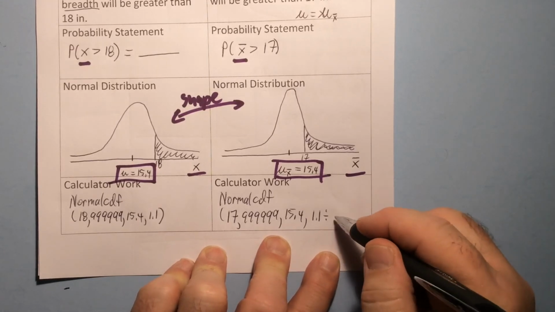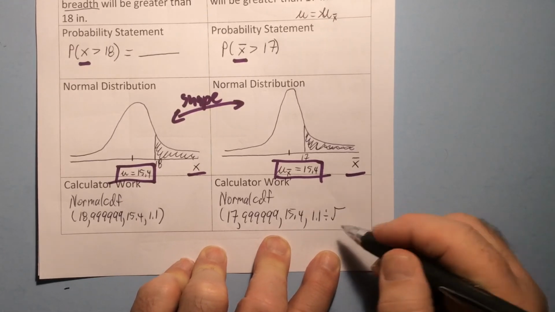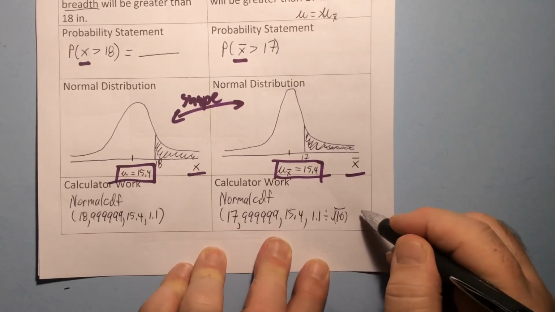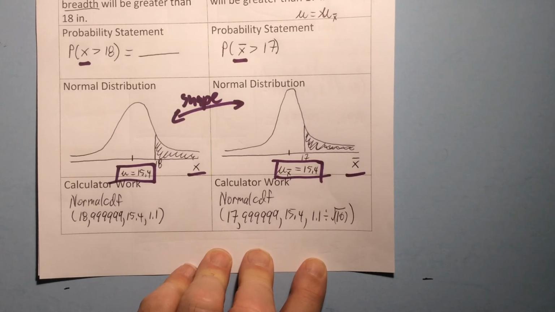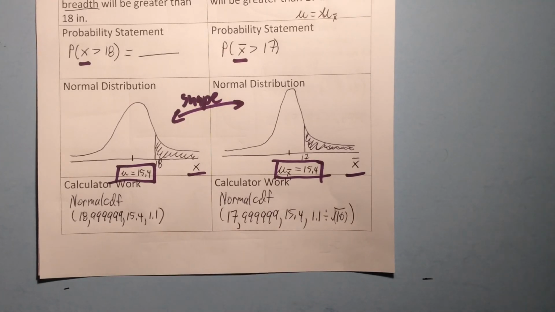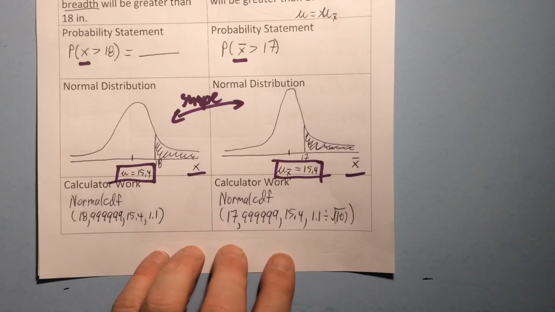So it's going to be 1.1 divided by the square root of 16, with a parenthesis, and then you can close that up. We can type both of those in and come up with a calculation.